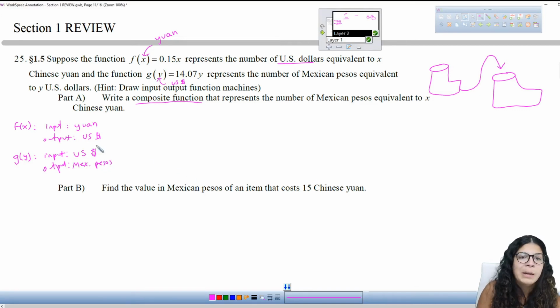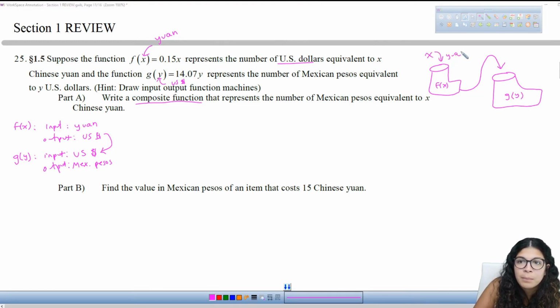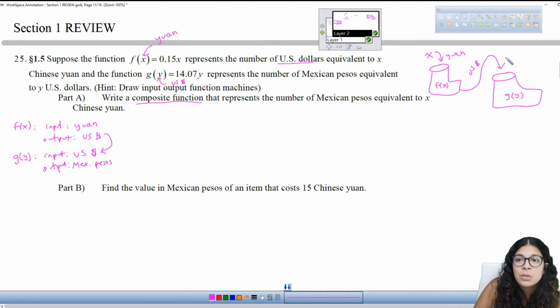So notice the output of F is the input of G. So this will be F of X and this will be G of Y. You're going to input the yuan, output US dollars for F of X. Those US dollars you'll input into G, and that will output pesos. Okay, so G of F of X is the function that would represent input yuan, output pesos.